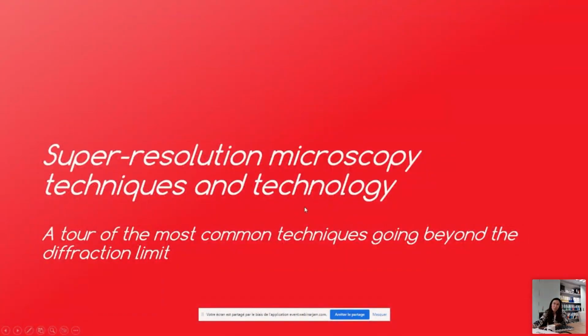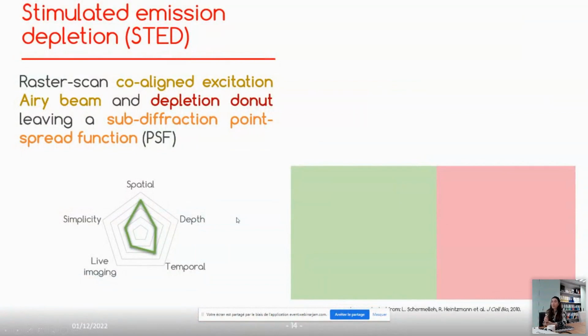And so now we'll talk a bit about those techniques that exist and how we can go beyond the diffraction limit. So one of the first techniques that came about in the last 20 years is called stimulated emission depletion microscopy, or STED.